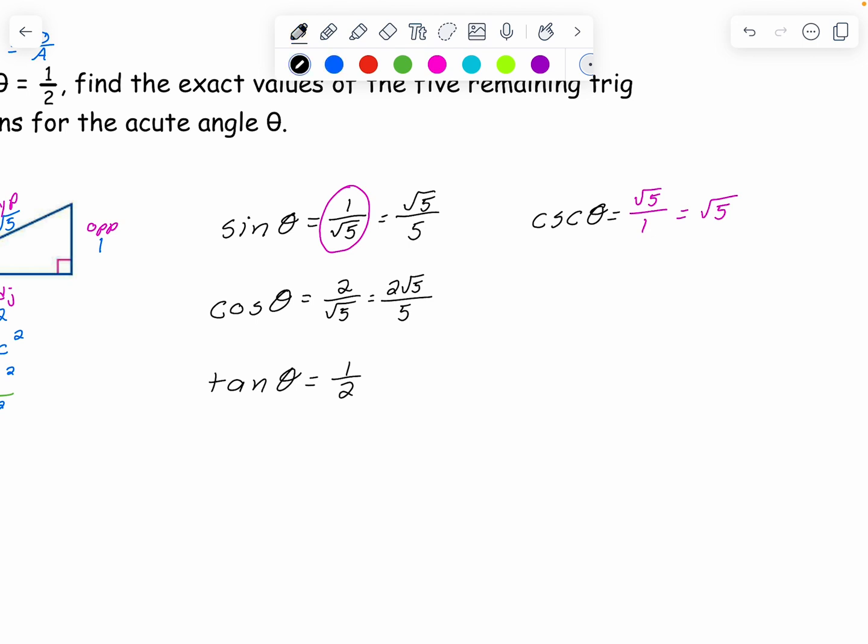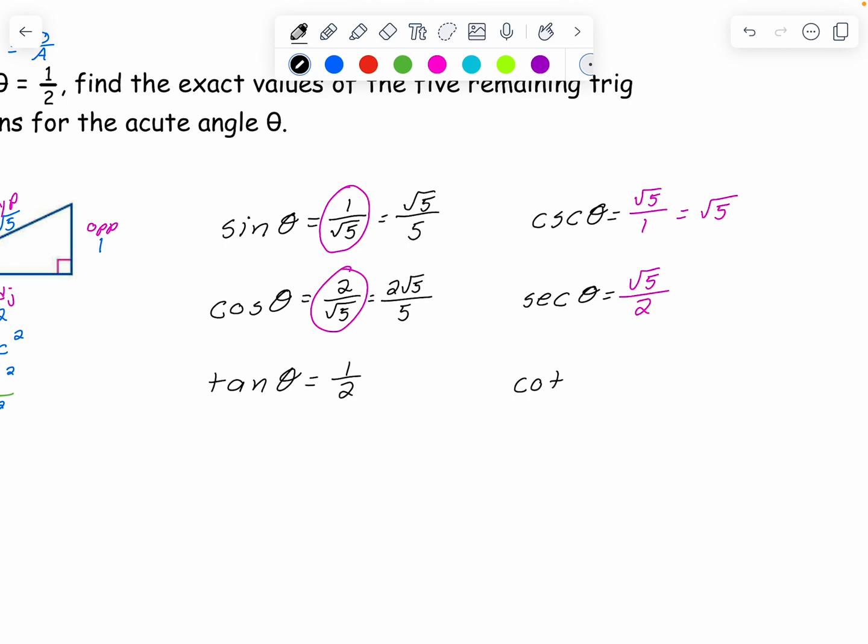All right, so now moving on. So we go to the next one. The reciprocal of cosine is secant theta. And so again, this is a rationalized answer. So I don't want to flip that one. I want to flip the original, which would put the square root of 5 on the top, the 2 on the bottom, and good to go there.